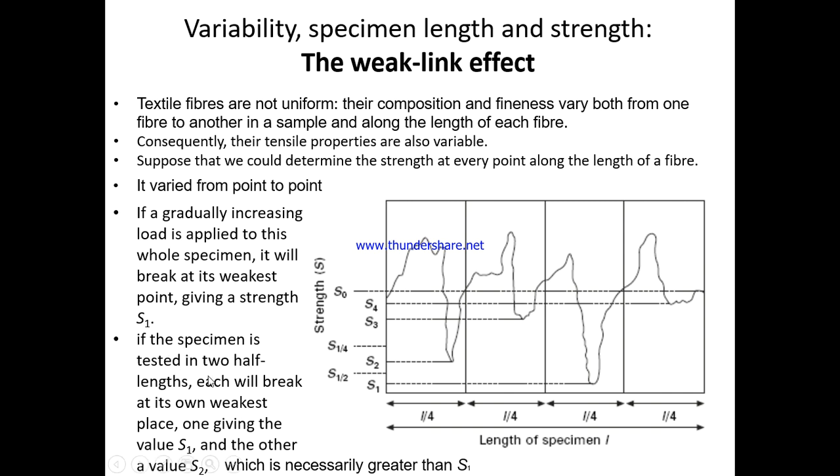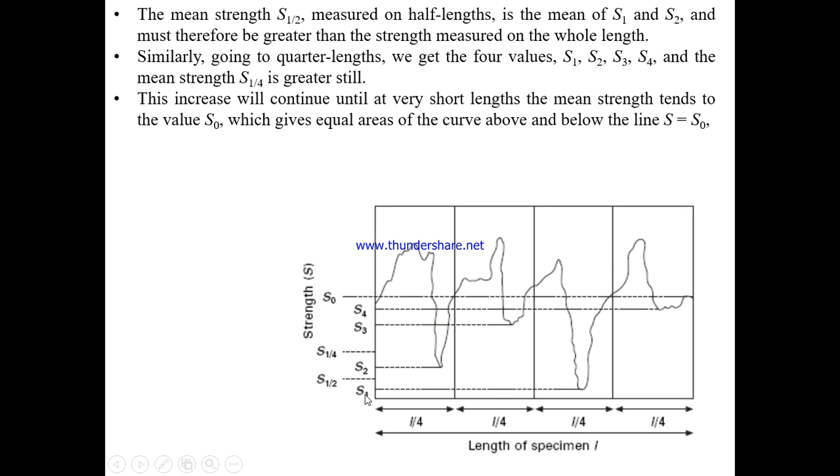If the specimen is tested in two half lengths, each will break at its own weakest place. For example, we take the half length from this point to this point and another half length from this point to this point. Then the first half length will break at the value S2 and the second half length will break showing the value S1. So the mean strength of the fiber will be half into S1 plus S2.